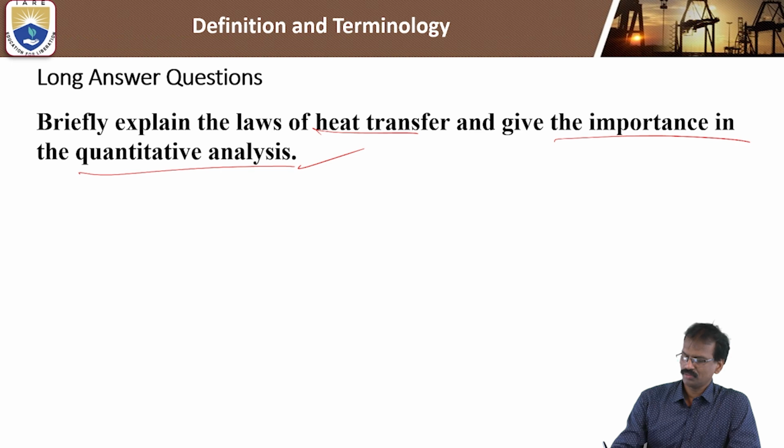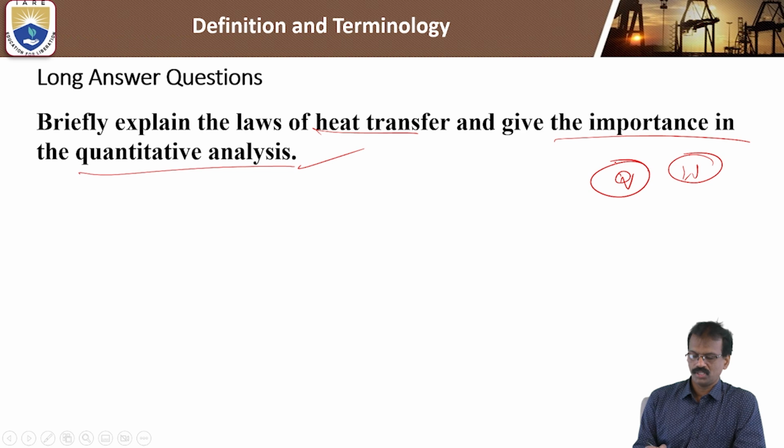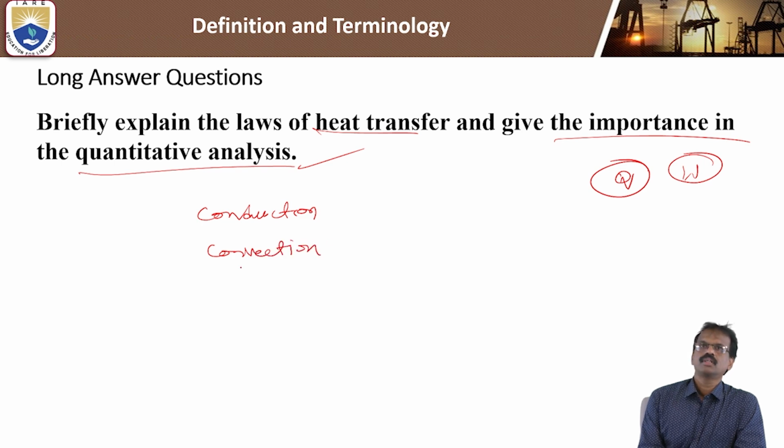The rate of heat transfer is represented by Q, in watts. You know the units of this one. So heat transfer takes place in three types of modes. The first one is conduction. Second one is convection. Third one is radiation.